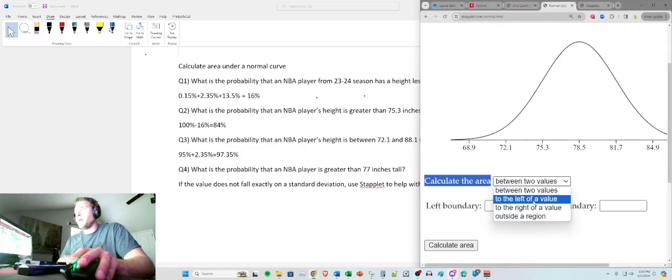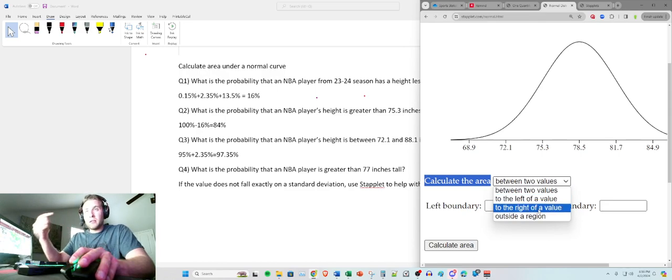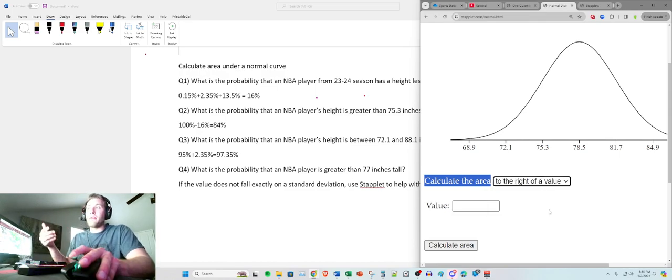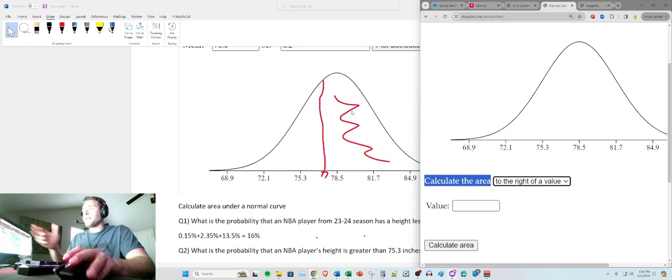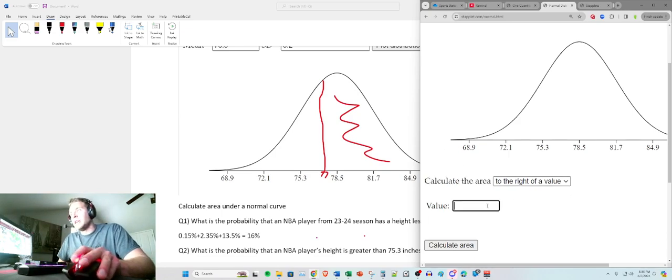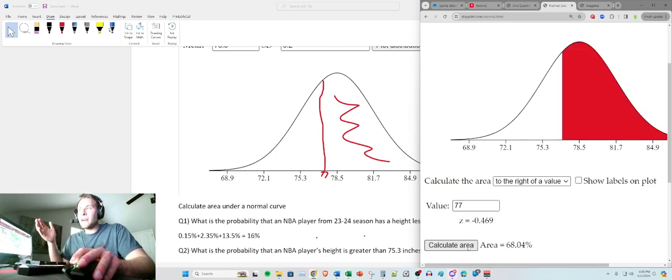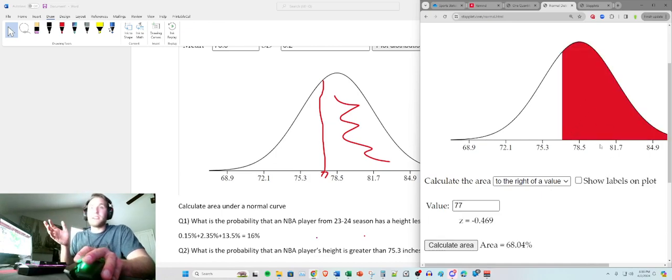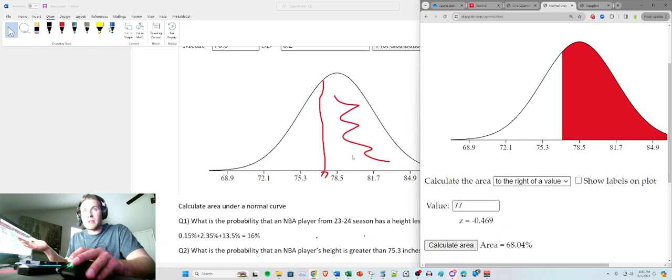When we say greater than, we're thinking to the right of a value. And that's kind of what I did here, right? We drew the line. We said, okay, we want it to be to the right. It's the red squiggly that's supposed to be shading. But we're going to put 77, and hit calculate area. And you'll notice that it actually does the shading that I did not do on the left side.